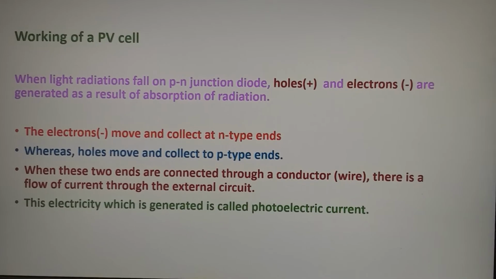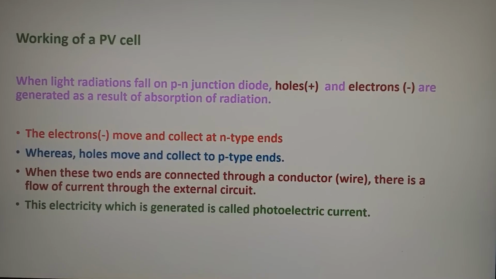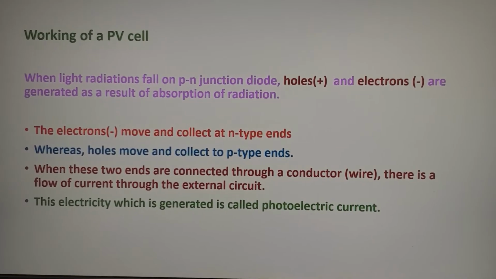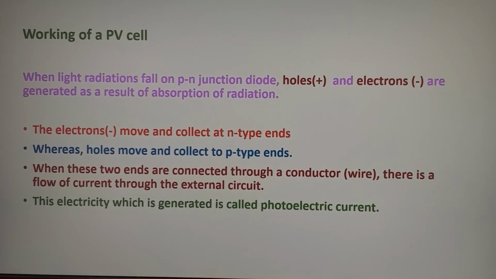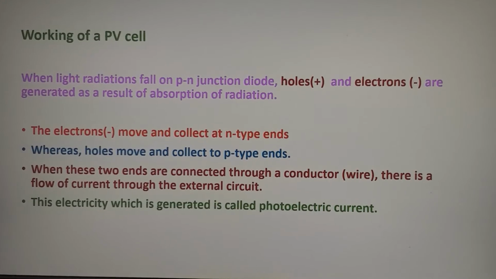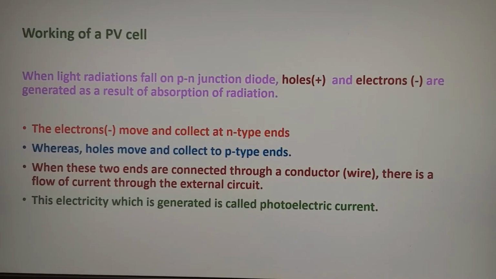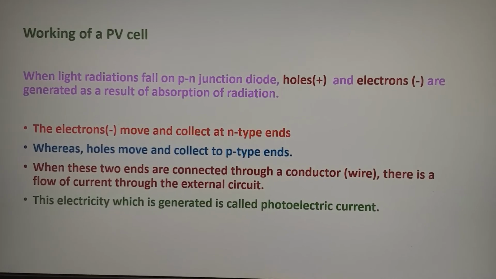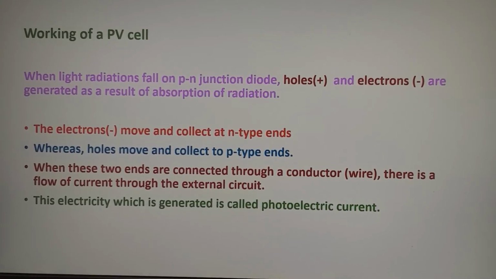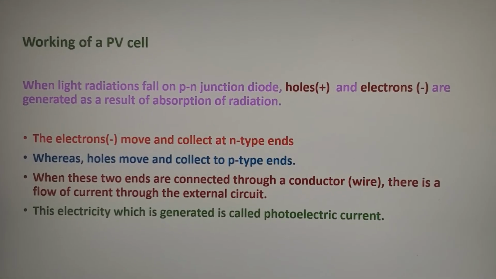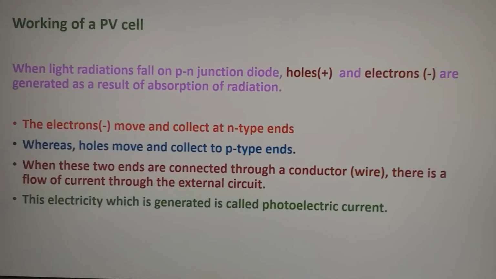So, how does the PV cell work? When the light radiations fall on the P-N junction, that is the diode, holes and electrons are generated. Holes are positively charged and electrons, as we all know, are negatively charged, as a result of absorption of the radiations.